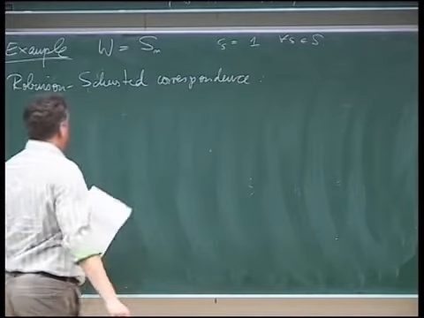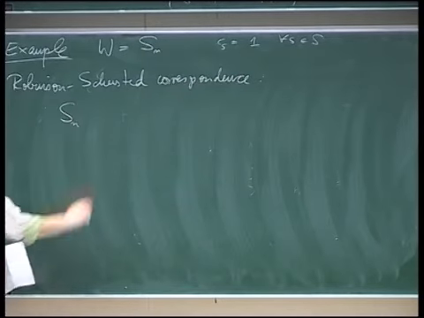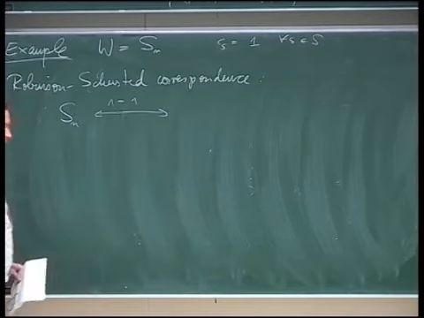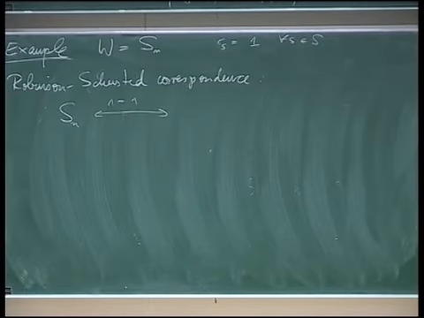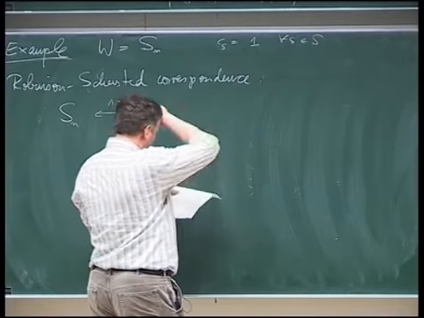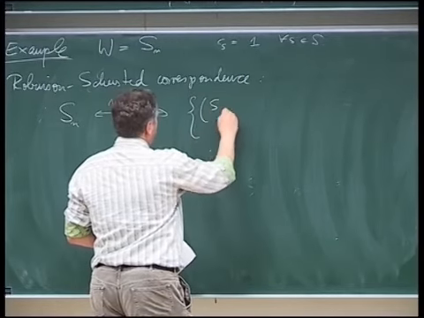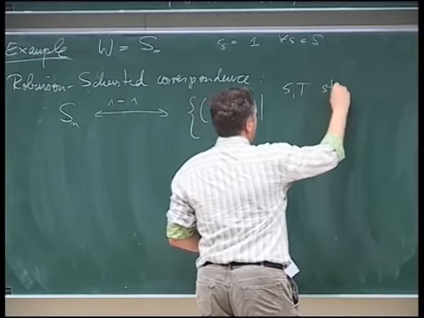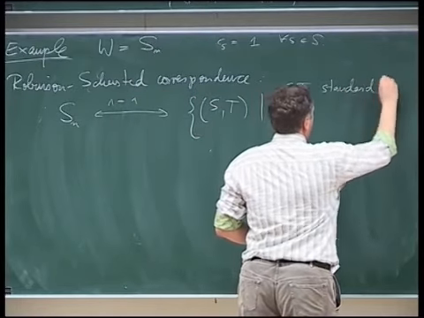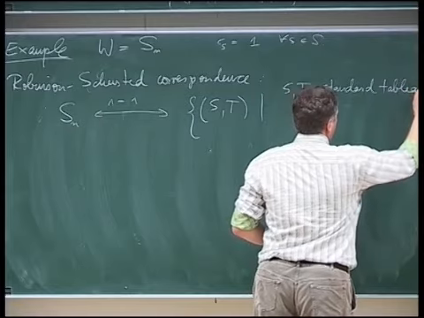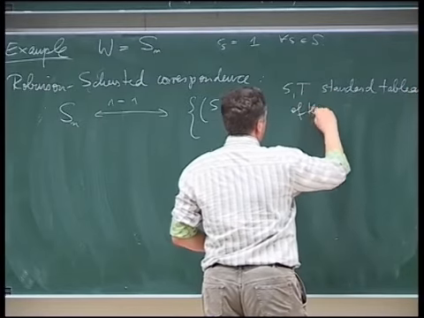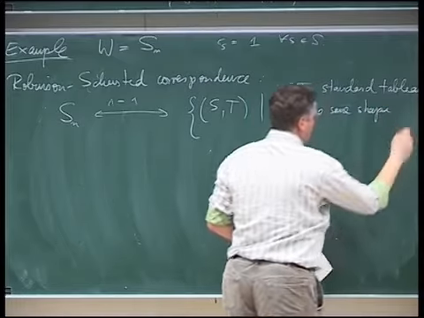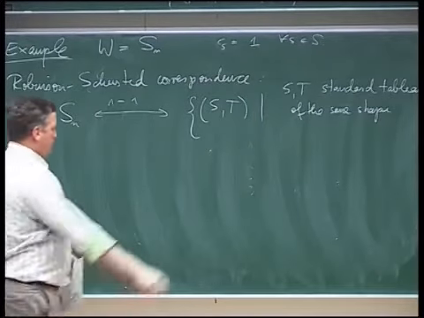So what does this give? Most of you maybe have seen this. You can associate to each permutation of 1 up to n a pair of standard tableaux, ST, of the same shape.